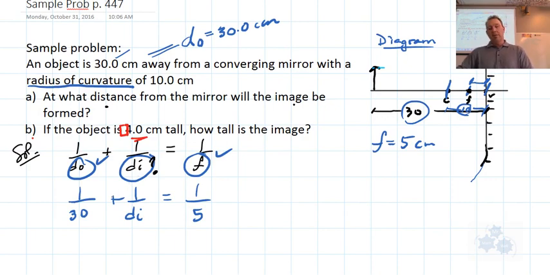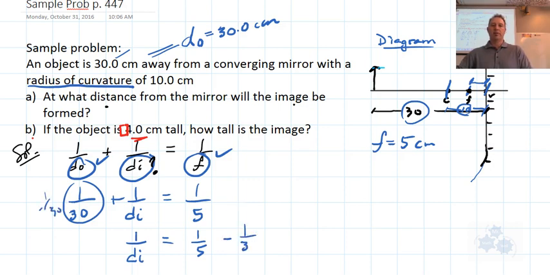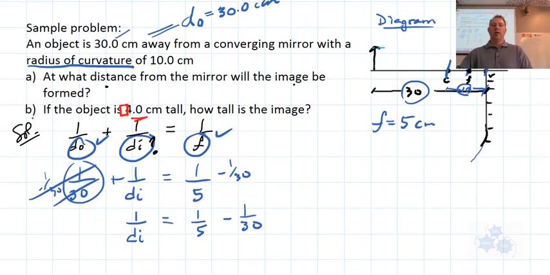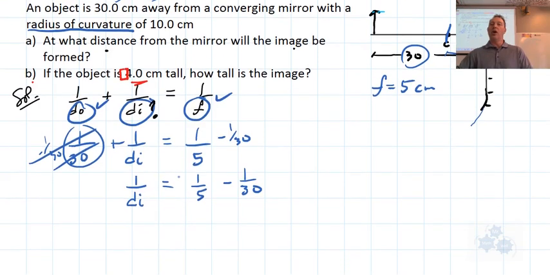All right, now you have to be real careful here. We do want to get DI all by itself, so let's leave the term that has DI in it on the left side. What that means is we have to subtract 1 over 30 from both sides. Does that make sense? We have to subtract 1 over 30 from both sides of the equation so I can get rid of it over here. Now, what you want to be careful not to do is go 5 minus 30 and say that's negative 25.